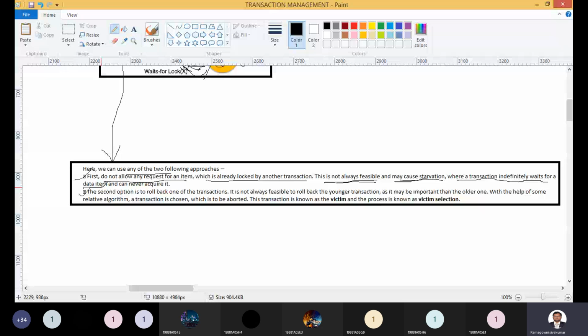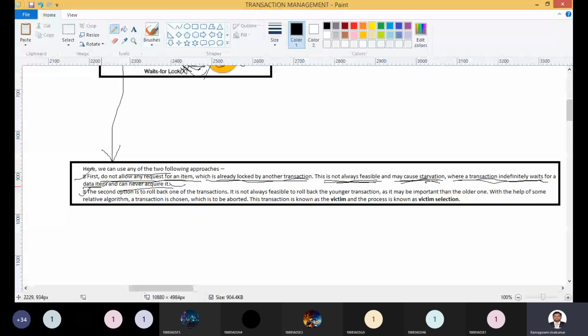This is the first approach. It is not always feasible and may cause the starvation problem, where the transaction indefinitely waits for a data item and can never acquire it.